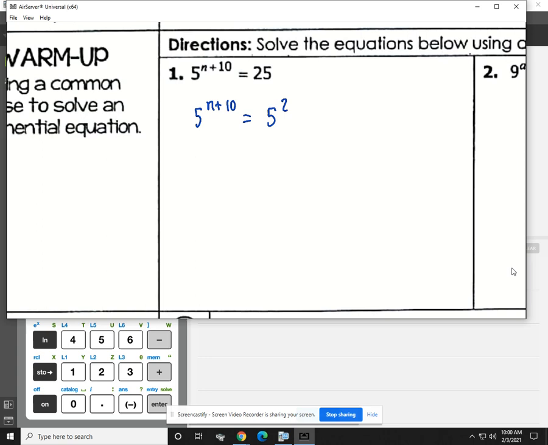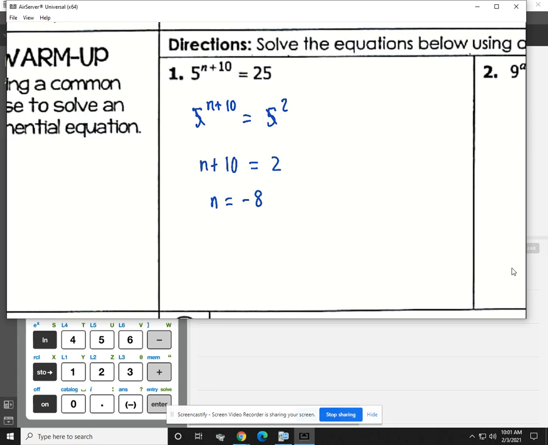Drop them. So we dropped these 5s off, and we took the remaining value, which was n plus 10, and we set it equal to 2. And then the process was easy, right? What do we do to get n alone? Subtract 10. So 2 minus 10 is 8. Okay, so that was a great way of solving exponential equations.